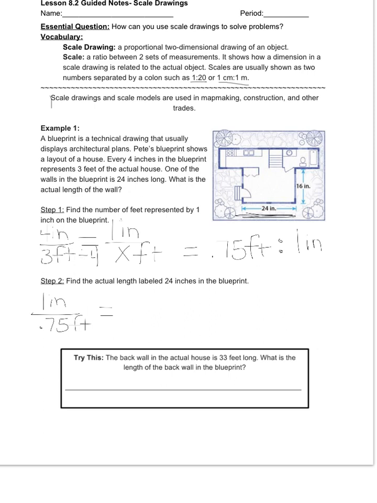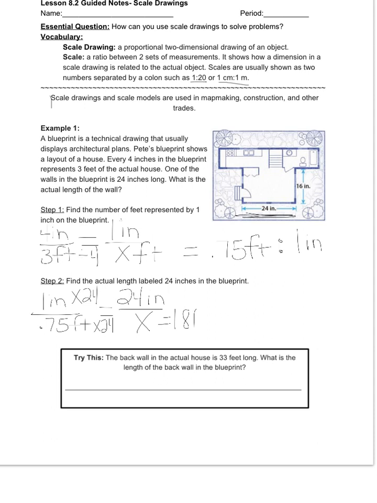I've got inches on top. So 24 inches, and I want to figure out how many feet that is. So I can tell here, from 1 to 24, I multiply that by 24, and I need to do the same thing with 0.75, multiply that by 24, and I get 18.